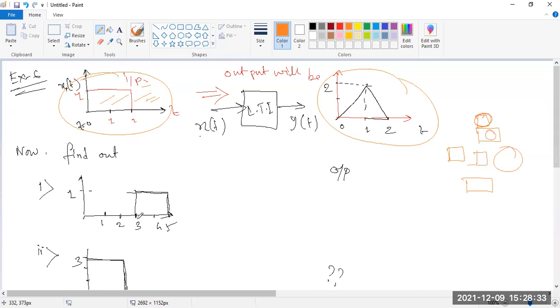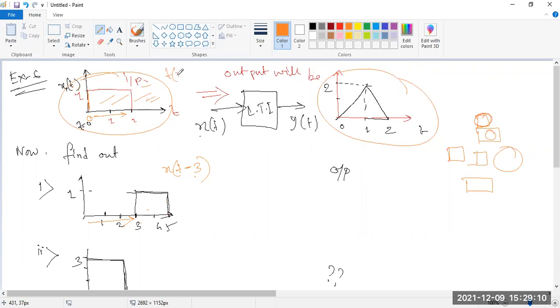Here you can see there is 3 and 5, means if the signal is at 0, then it will be shifted to 3. This is the advancement. So we can say that the shift is t minus 3. Here x of t is there, so we have to put x of t minus 3.